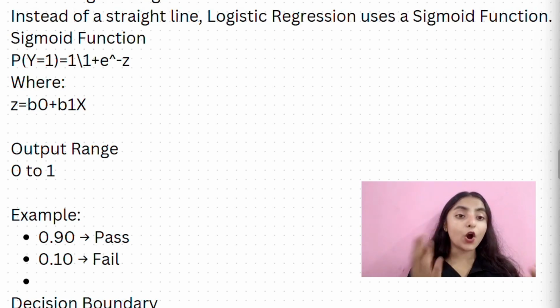For example, house prices, we have seen a lot of examples on it. In logistic regression, we can say disease, whether a patient has a disease or not. Salary prediction is also an example for linear regression. And disease prediction and spam detection, whether it is fake or not, we can also estimate using logistic regression.